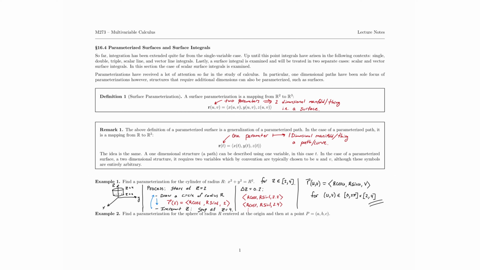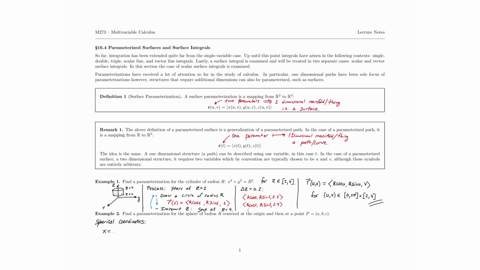So the nice thing about parameterizing a sphere or any portion of a sphere is we can simply use spherical coordinates, and that will get us 99% of the way there. So let's quickly recall spherical coordinates. In spherical coordinates, we have the following conversions from spherical to Cartesian at least.